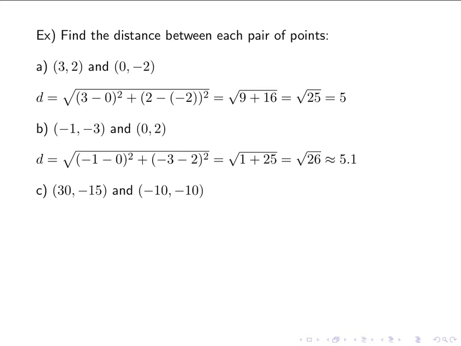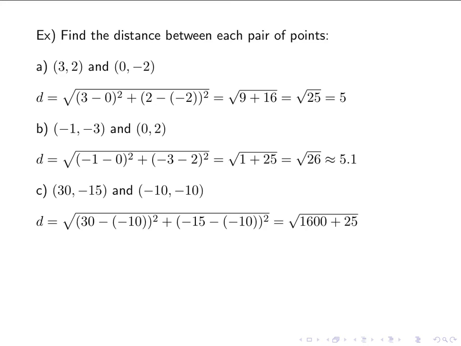How about the distance between the points 30, -15, and -10, -10? So again, I have 30 minus -10, and I have -15 minus -10. So both of those are minusing a -10, which is the same as adding 10. So for the first one, 30 plus 10 is 40. 40 squared is 1600. -15 plus 10 is -5.